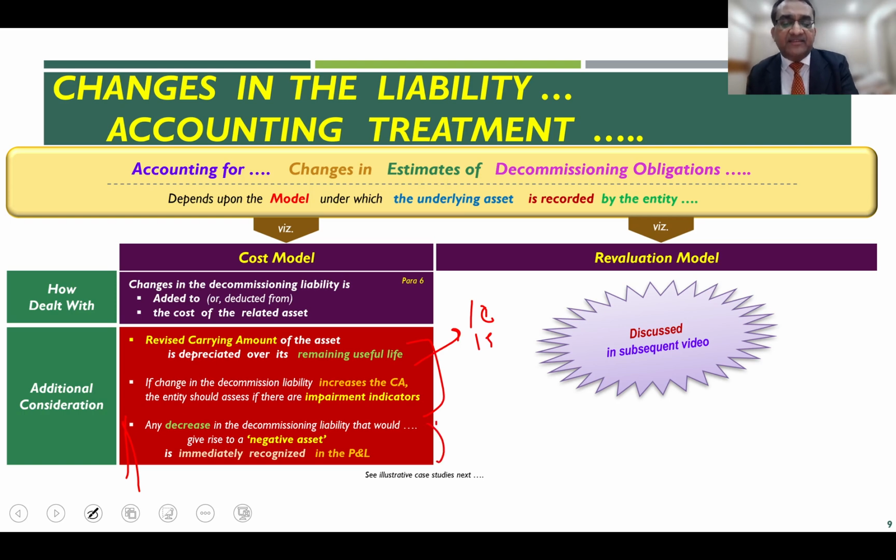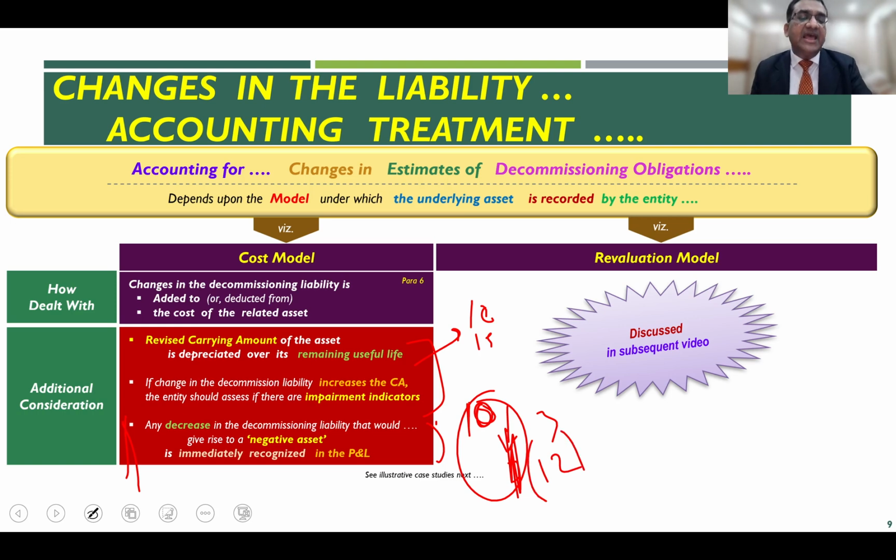Now what happens if there is a decrease? Let's say 10 million of the liability gets reduced to 7 million. So there is a decrease of 3 million. Any decrease in the decommissioning liability that would give rise to a negative asset is a problem. Let's change the example. Let us say the carrying amount of the asset is 10, and let us say the reduction in the liability is 12.